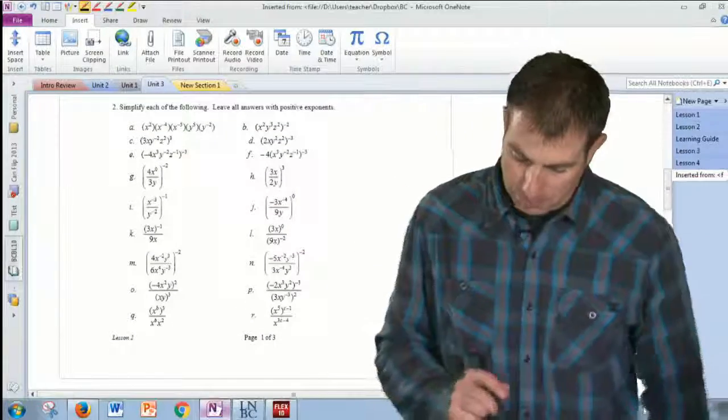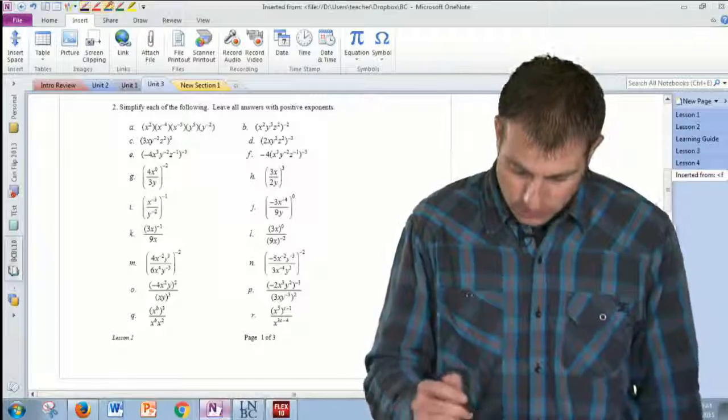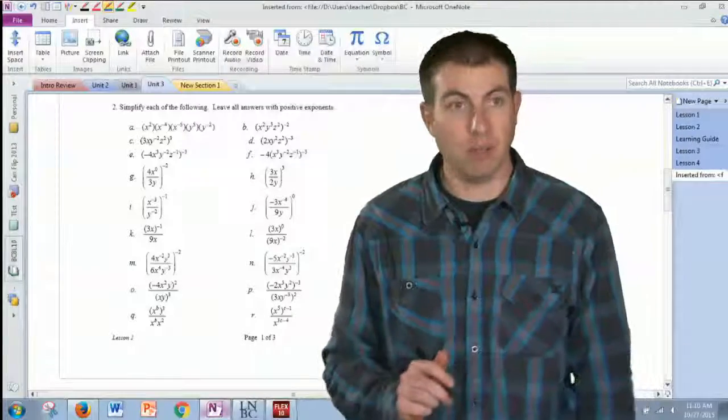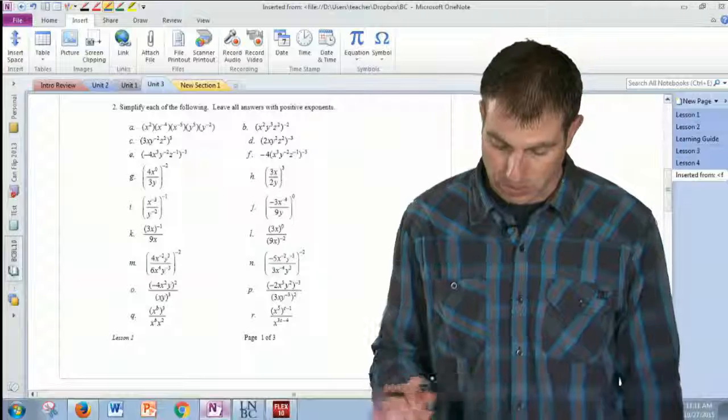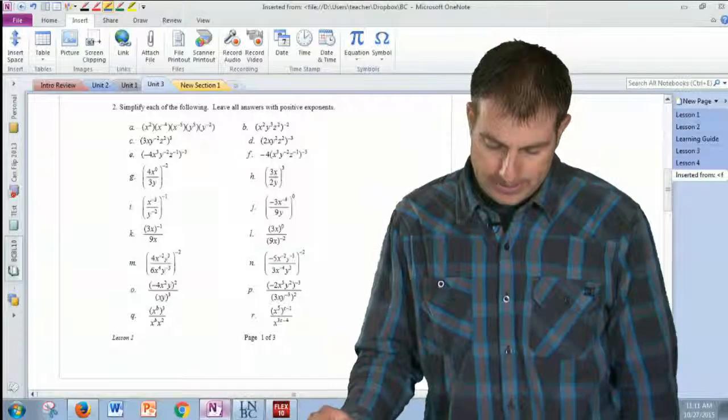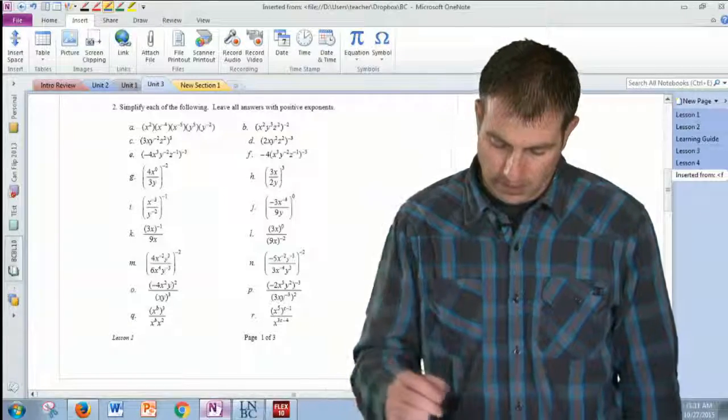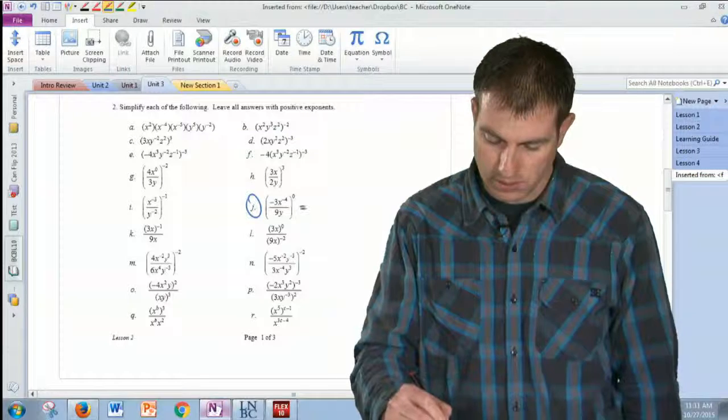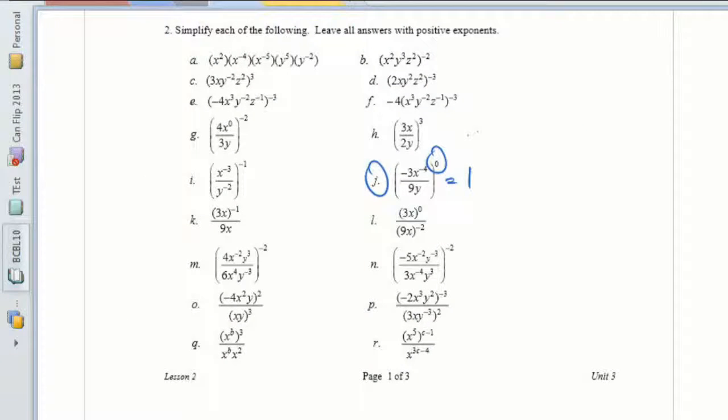Maybe I'll do a couple of these guys here. We do have about 10 or so minutes, so geez, I don't know. I like j. That's easy. That's 1. Anything to the exponent 0, it's going to give us 1. That was a bit of a trick question. Maybe we'll look at n here. This looks like a bit of a messy one.